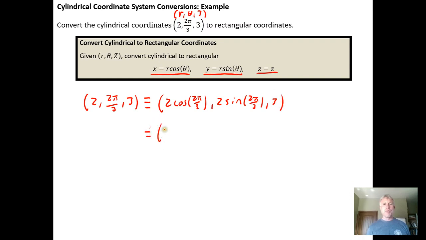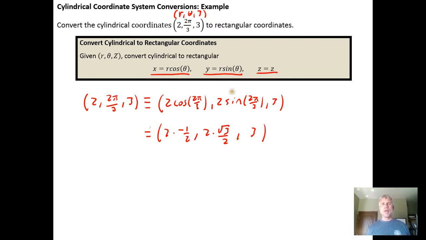we need to simplify, so we're going to get 2 times, okay, what's the cosine of 2 pi over 3? Well, the cosine of 2 pi over 3 is going to be negative 1/2. 2 times the sine of 2 pi over 3. So the sine of 2 pi over 3 is going to be the square root of 3 over 2. And then this is just 3.